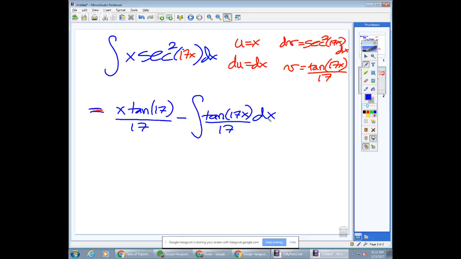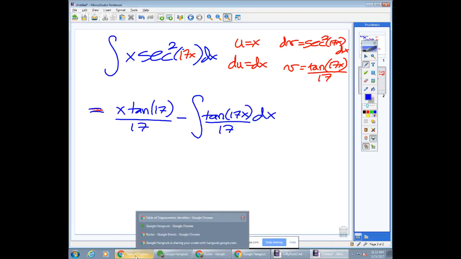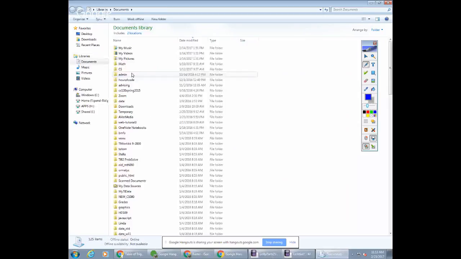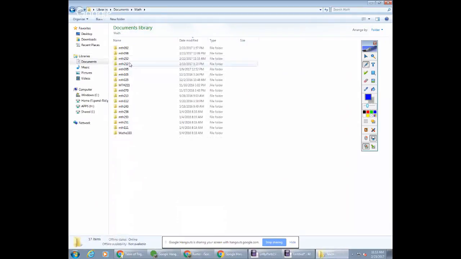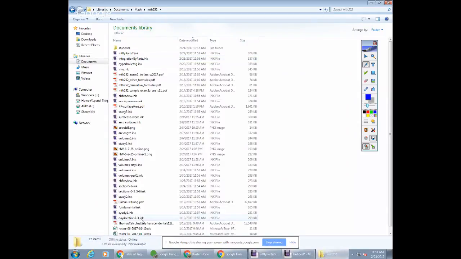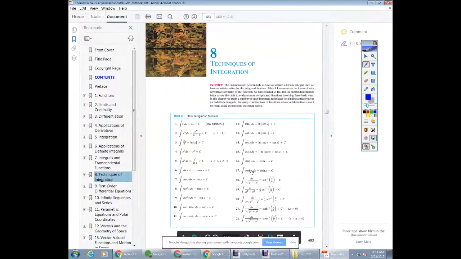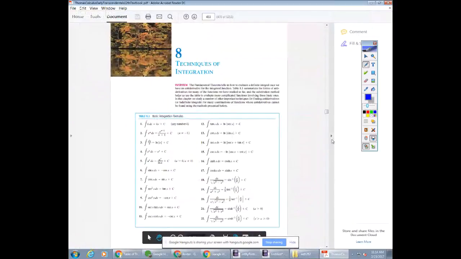This is where those cheat sheets would come in handy. So I'm going to open up the book, beginning of chapter 8. All right, and let's blow this up.